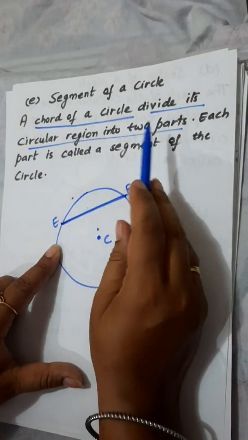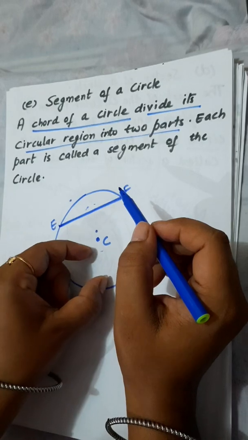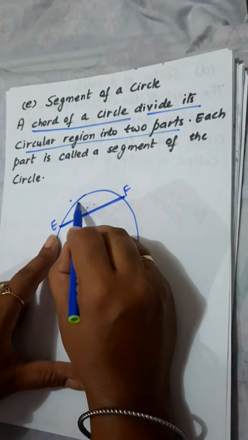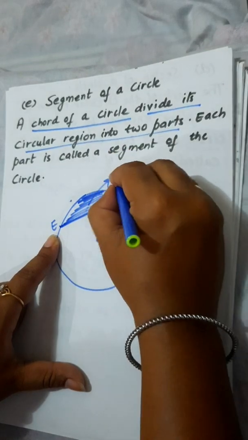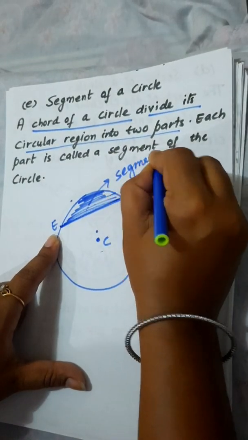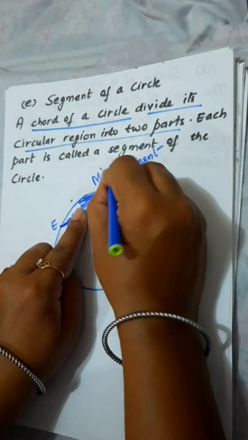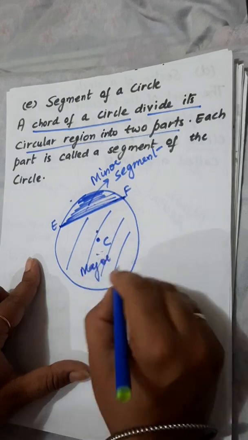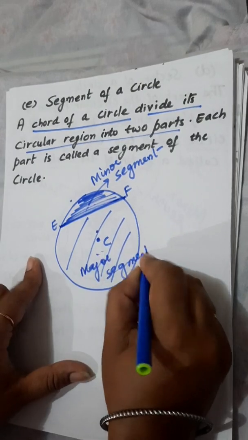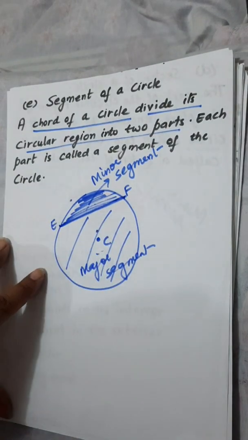The chord divides the circular region into two parts, a smaller part and a greater part. This region is called a segment; this is the minor segment and the remaining is the major segment. Whenever a chord divides the circular region, we get a segment.